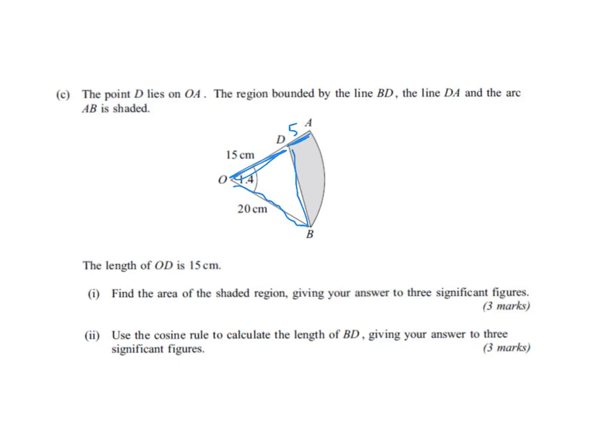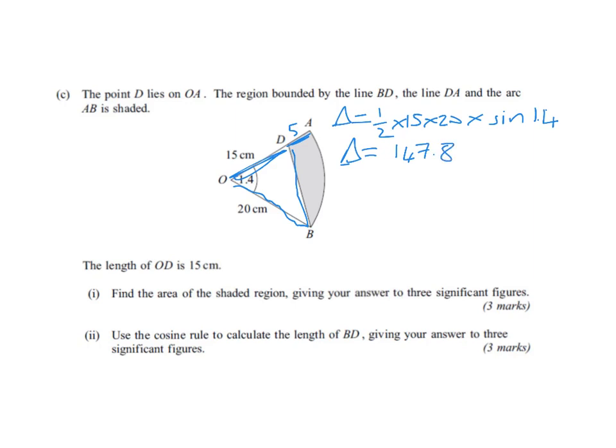Just to refer back to our previous example, find the area of the shaded region. Well, the area of the triangle: we've got half times AB, 15 times 20 times sine of 1.4. Remember, half ab sine C, that very useful area of a triangle formula. That should give you, to one decimal place, 147.8.